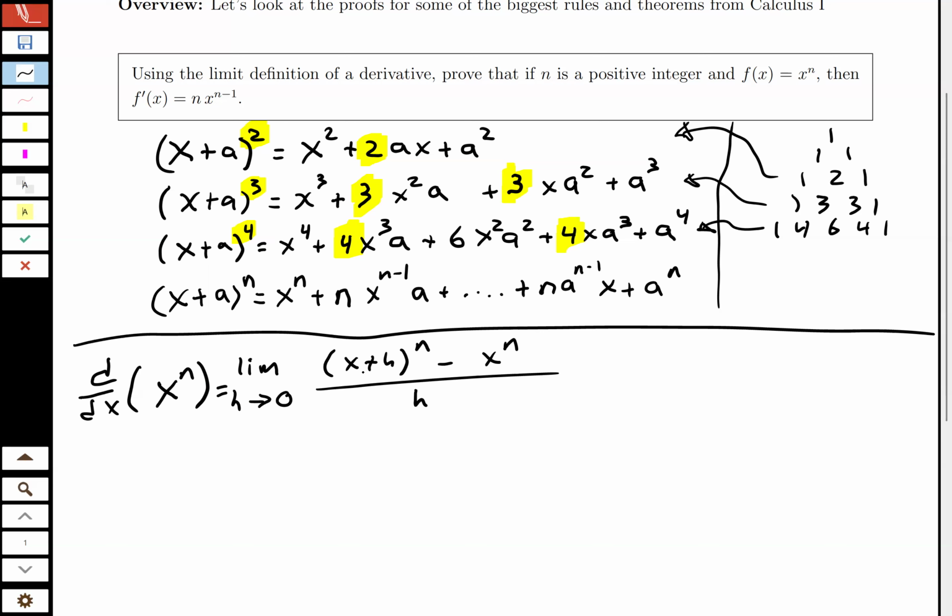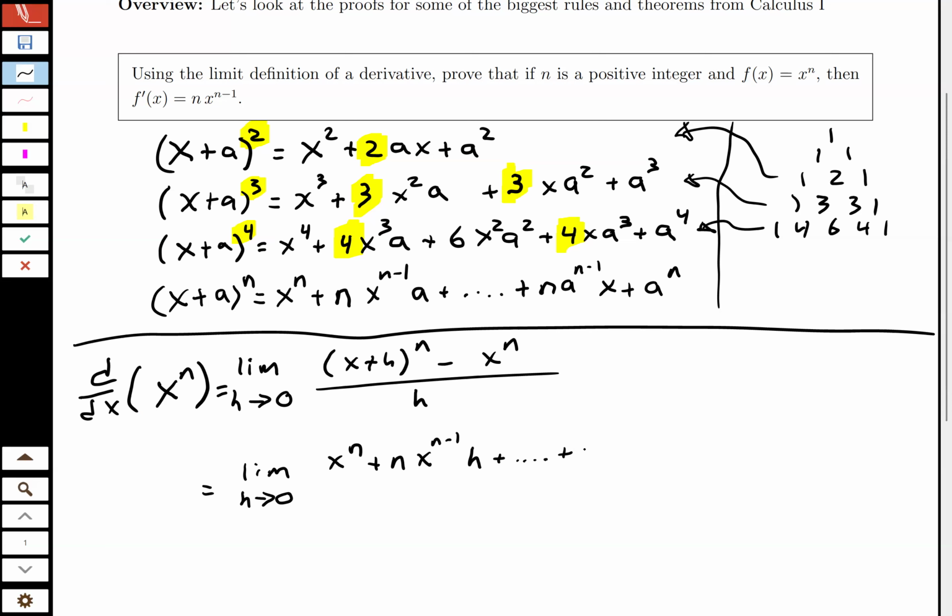Now let's expand that (x + h) to the n. That's going to be x to the n, plus n times x to the n minus 1 times h, plus a lot of things that have higher powers of h, plus n times h to the n minus 1 times x, finally plus h to the n.